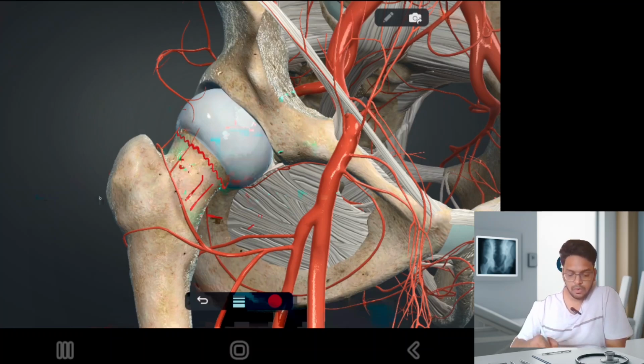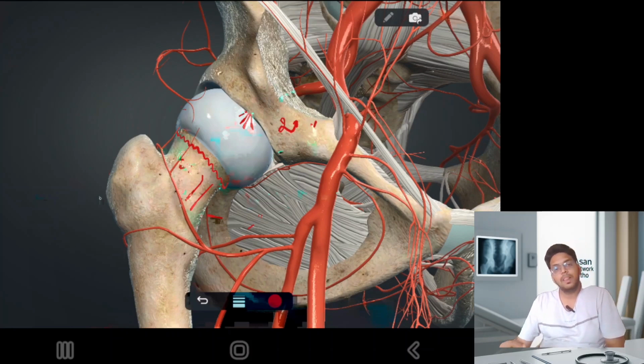Okay. The only blood supply that is remaining now is our foveal artery, that is giving less than 20% of the femoral head. Now what do you think? The head can survive with only this 20%? No, the head may not survive with only 20% of the blood supply. Okay.